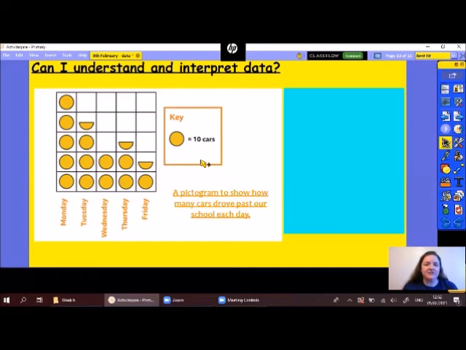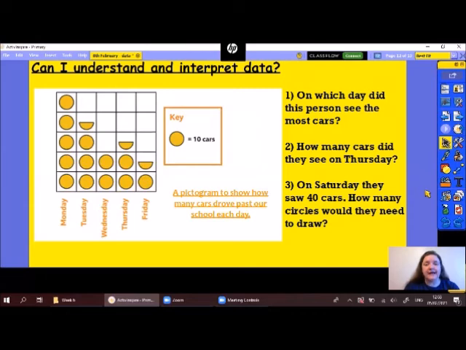So remember, each circle is 10 cars. So then sometimes you've got half a circle. Well, if you've only got half a circle, how many cars does that show us? Yeah, it shows us half of 10, which is 5. Right, let's look at the questions. Again, pause the video and work out as many answers as you can, and then we'll go through them together.